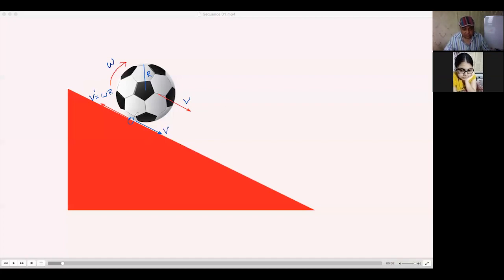Because as it goes down, the friction acting on it, say if the friction force is F, is going to create a torque here, and that will be F into R. That is going to generate an angular acceleration, I alpha, as we know.